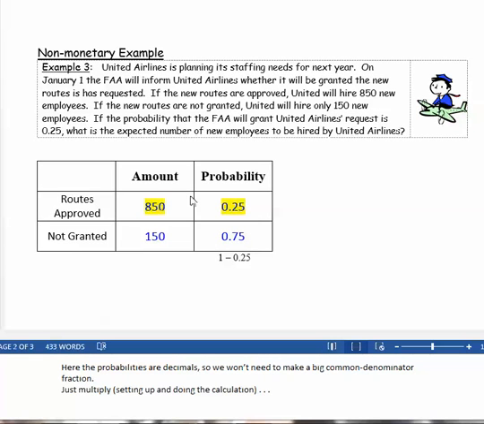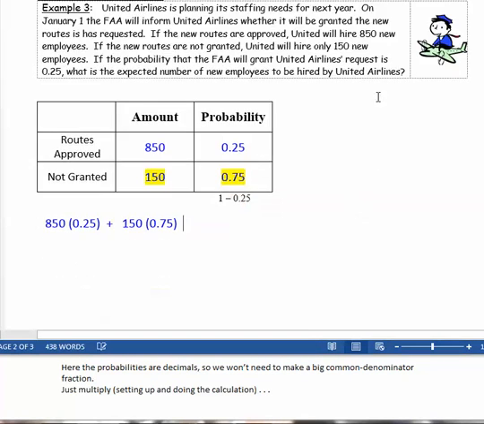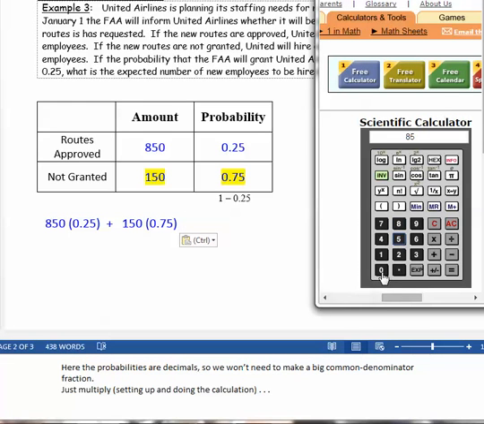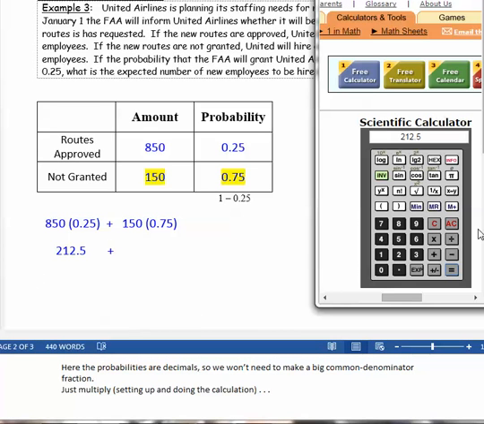First row, 850 times 0.25, plus 150 times 0.75. 850 times 0.25 is 212.5, plus 150 times 0.75 is 112.5, and that equals, see, we've already got the 112.5, so let's just add the first number to 112.5, and that gives us 325.